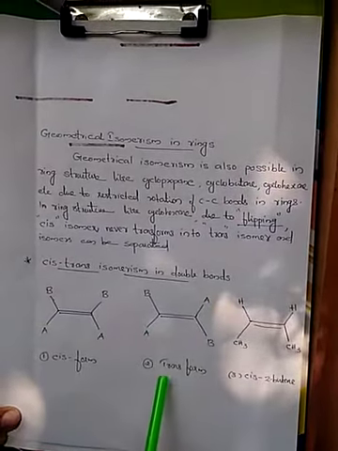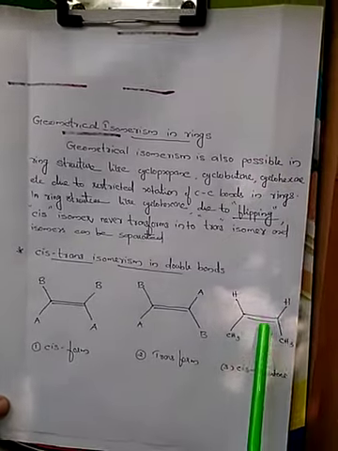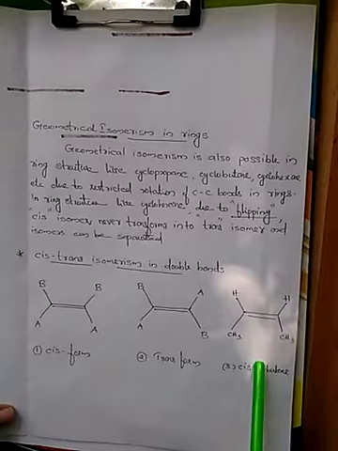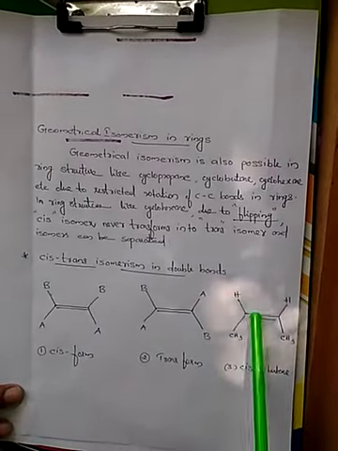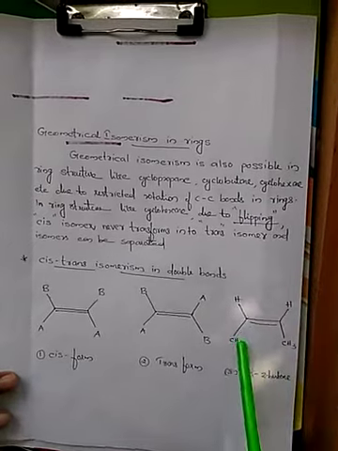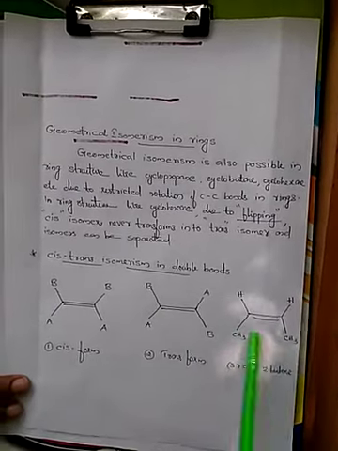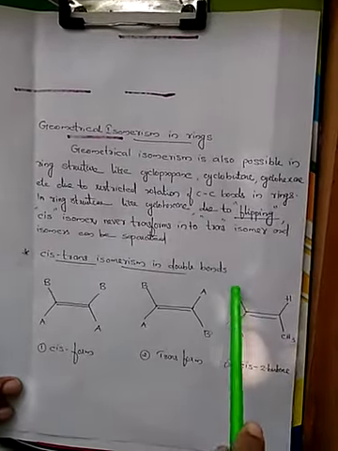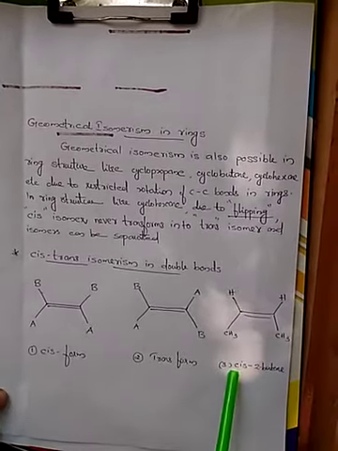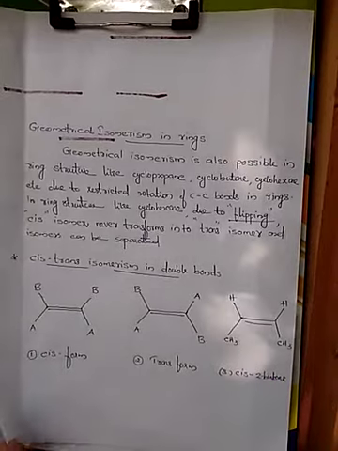That's why it is known as the trans form. So look at the example. It is known as cis-2-butene. That is, CH3-CH=CH-CH3, which is butene. The CH3 groups and the H atoms are both situated on the same side, so it is cis-2-butene.